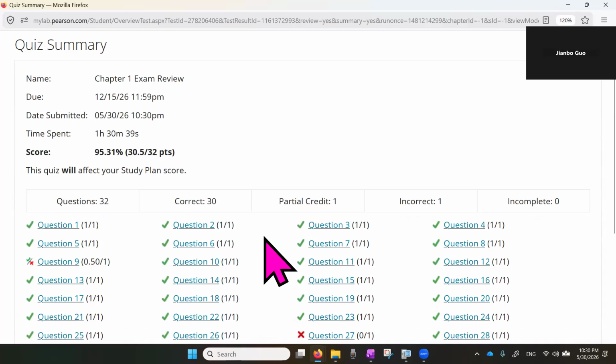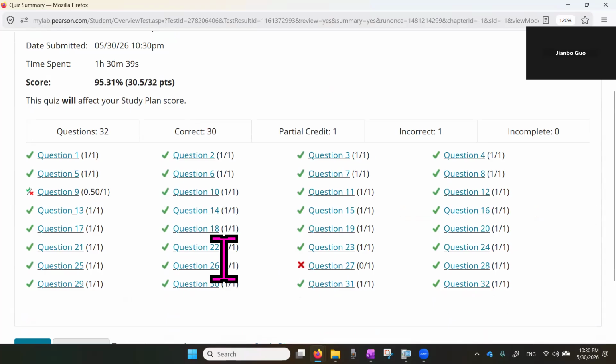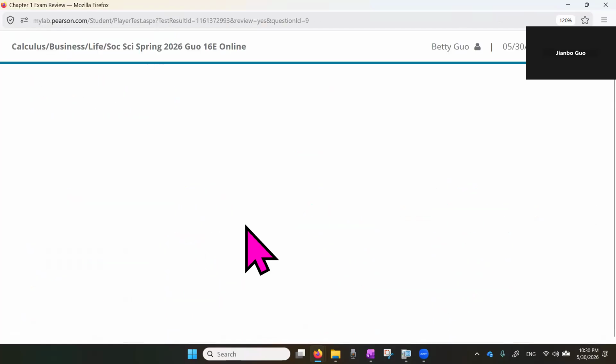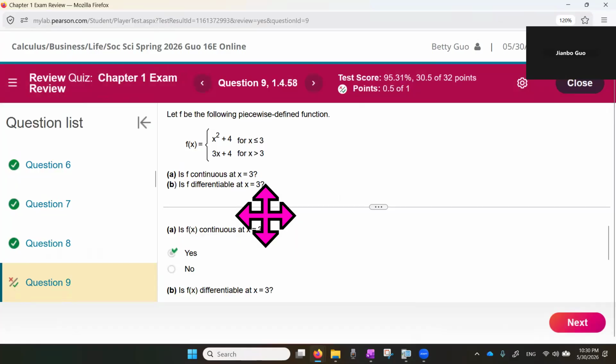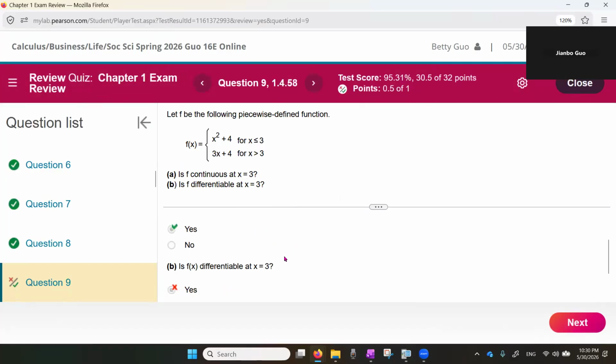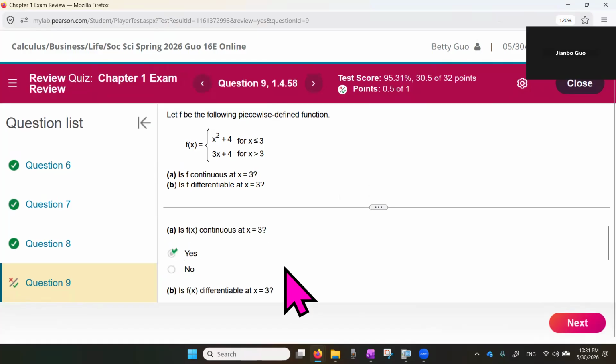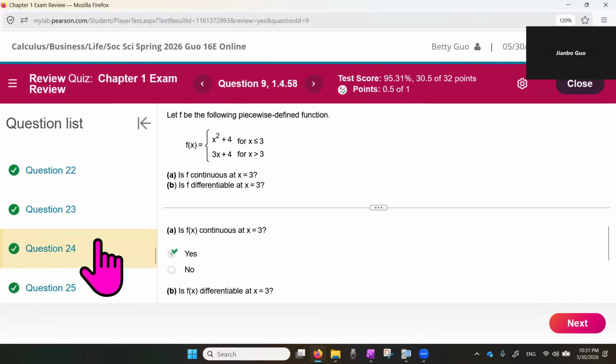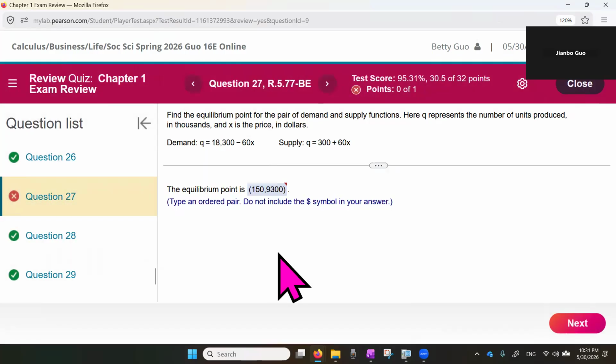Oops. Let's see which one. This one. Differentiable at 3. Okay, let's see what's the other one. We made a mistake. It's number 27.